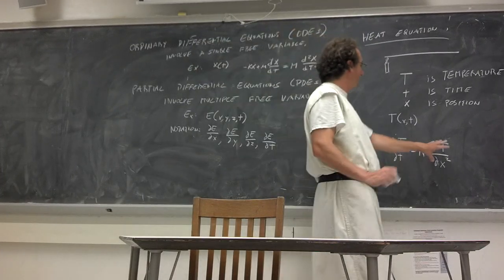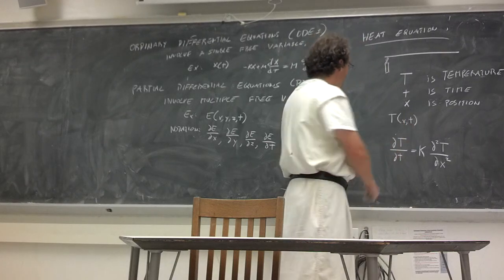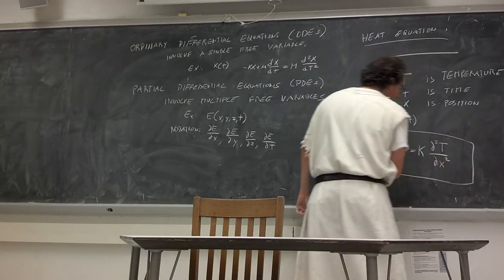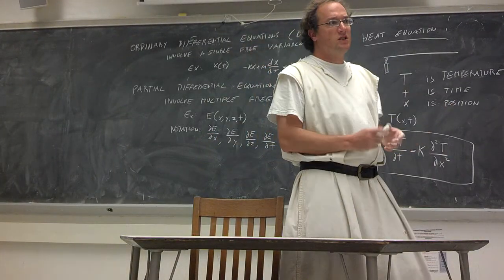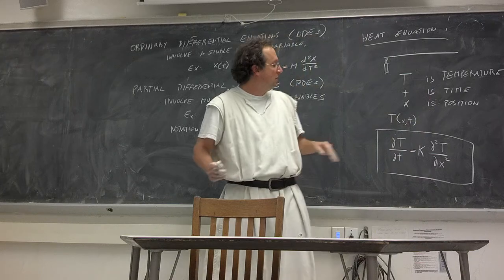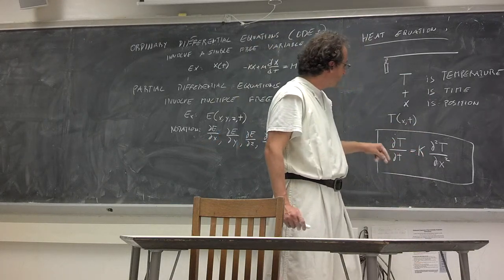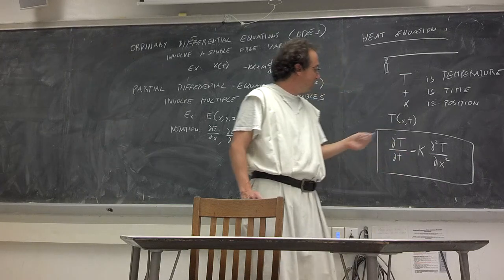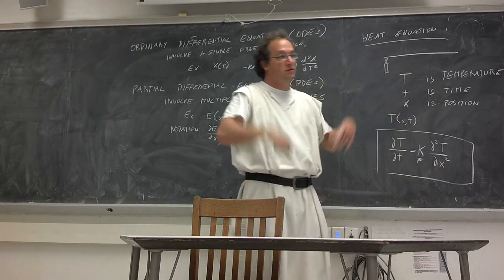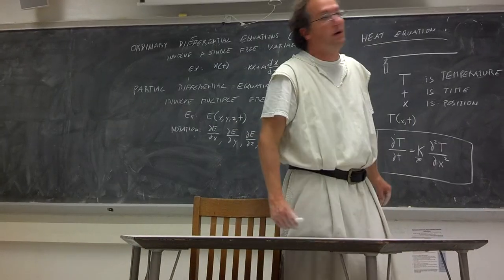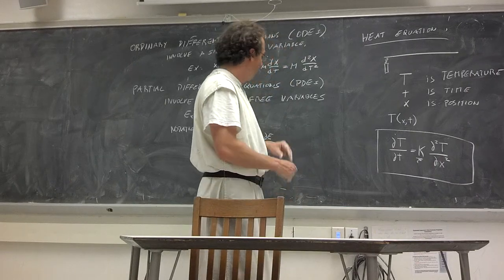So we have a differential equation that involves derivatives with respect to two different variables, and this is an important equation. This is the heat transport equation. In a physics class, you might spend an entire lecture talking about how we derive this, what the approximations and assumptions are, and where this k comes from, and maybe at some point do an experiment like that.